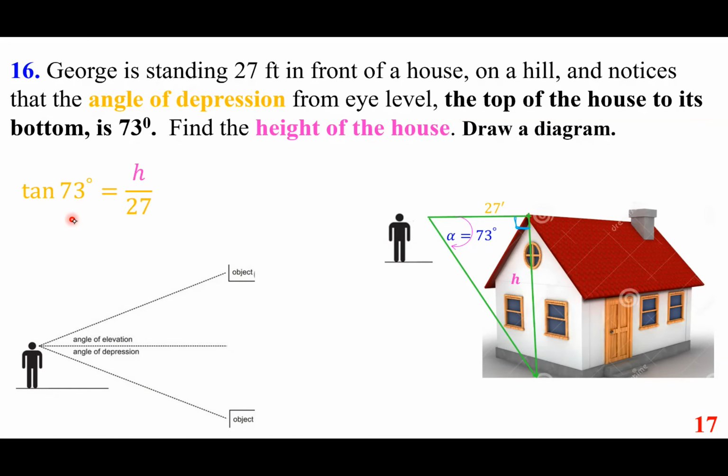H is 27 times tangent of 73 degrees. Using a calculator gives us 88.31 feet roughly. So again, drawing a proper diagram really makes it easy to understand what's going on.